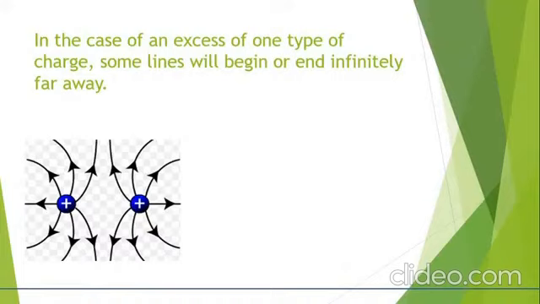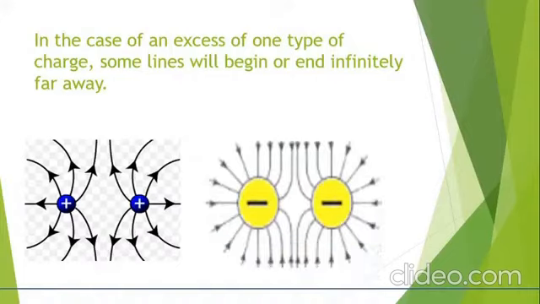These lines will begin on a positive charge and will end infinitely far away. Also, when two negative charges are placed together, the lines are shown with arrowheads. These lines will begin infinitely far away and will end on these negative charges.